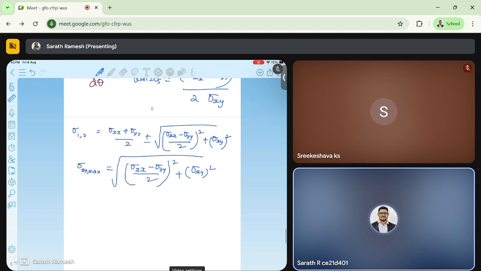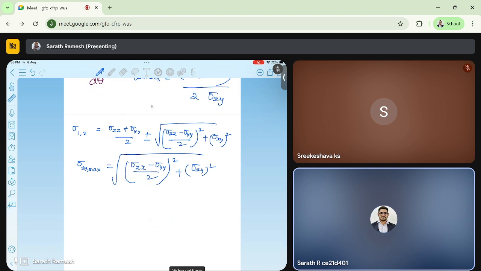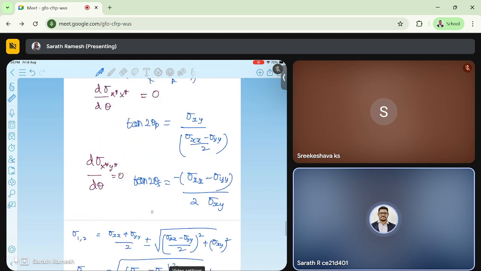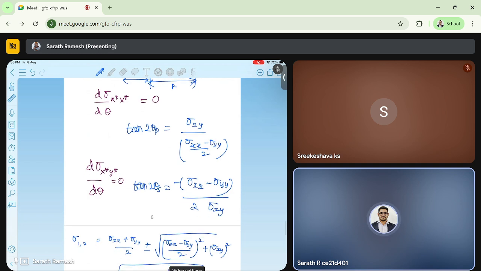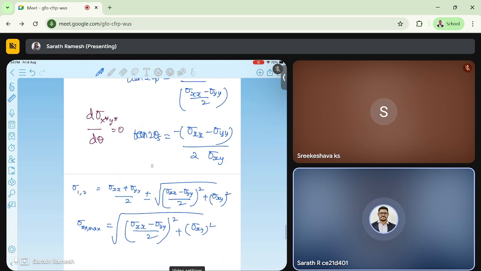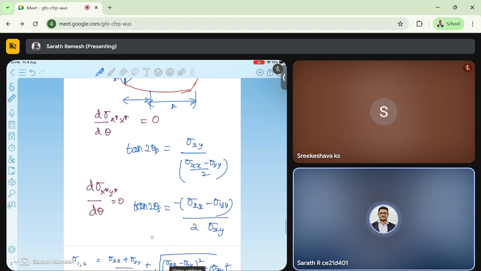Fine. So this is the expression for principal stresses and shear stresses, and the expression for the orientation angle of the principal stress and the shear stress plane with the x-axis. Now we'll solve a problem based on these expressions.